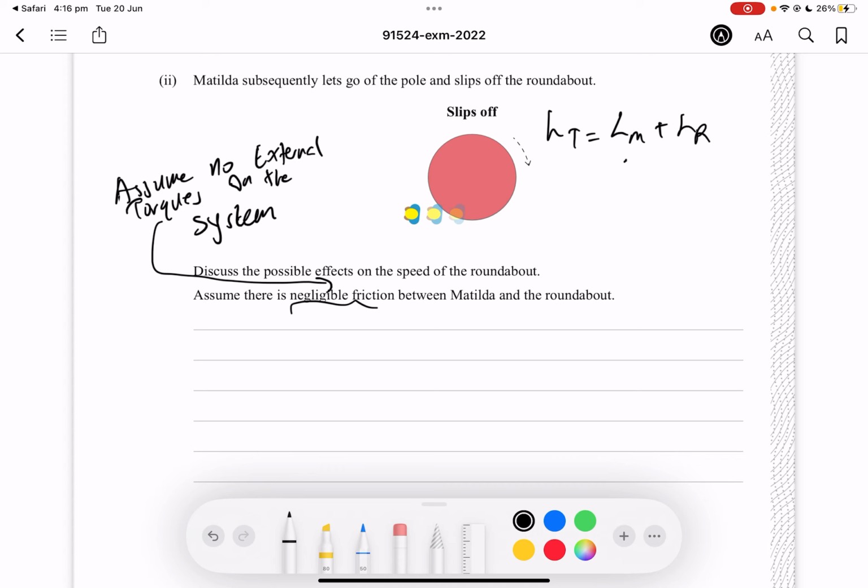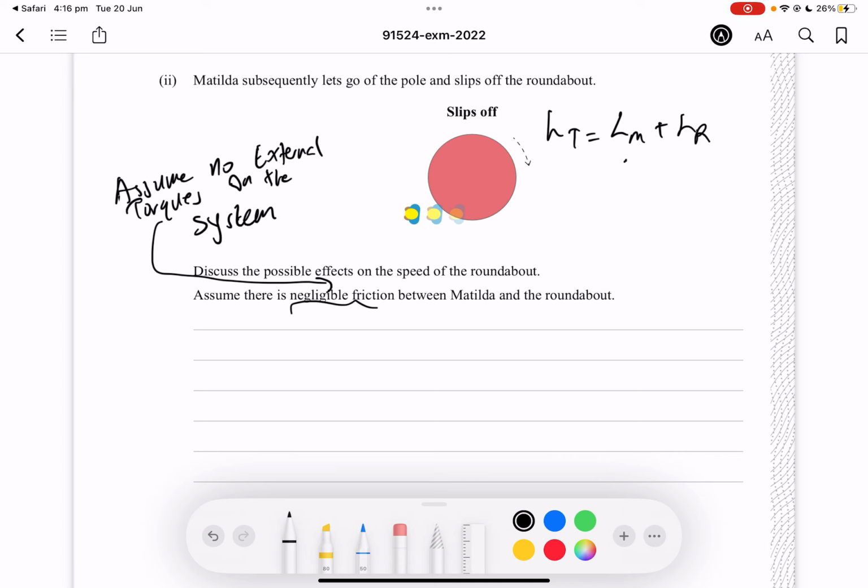So when Matilda falls off, that angular momentum goes with Matilda, so she maintains that same angular momentum and the same angular velocity, since we are assuming that there's no external torques being applied on the system. And as we said before, Matilda and the roundabout were traveling at some angular velocity that was the same for both of them. So therefore, after she falls off, there will be no change to the angular velocity of the roundabout.